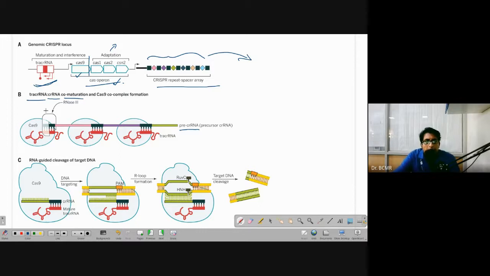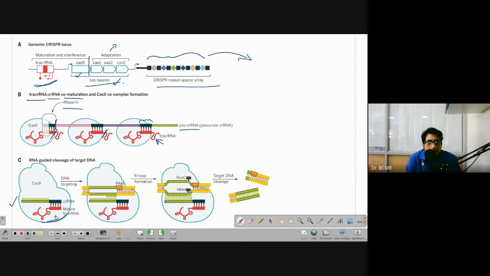And the tracrRNA, the red one that is indicated here, will bind to a certain region like this, and then it will be processed by RNase III to generate a fragment like this. So the red one indicated is the tracrRNA, the mature one, and there will be a lot of processing happening here, like this.